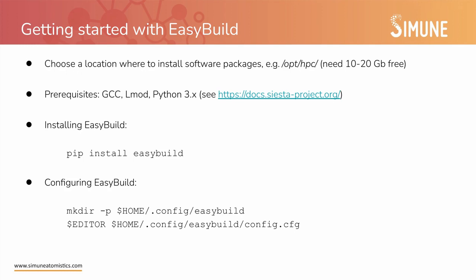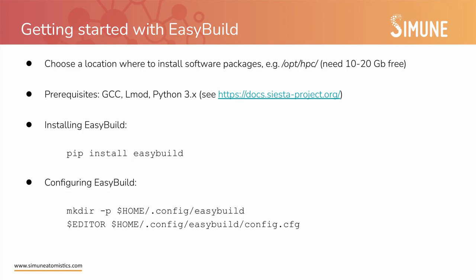Before using EasyBuild, you need to make sure that you have at least installed GCC, Lmod, which is a module manager, and that you have Python 3 installed on your computer. To install EasyBuild is very easy.